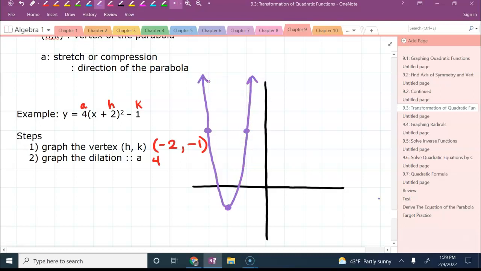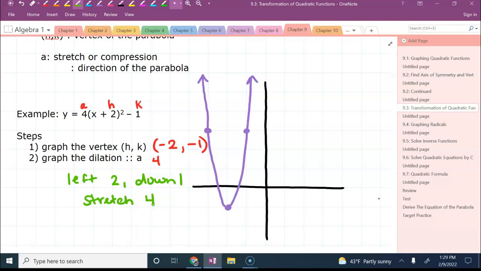So that's really what you need to do here, and if it helps you to say, okay, I went left 2, down 1, and it has a stretch of 4, if that helps you understand where your point should go, I would go ahead and write that kind of thing out.